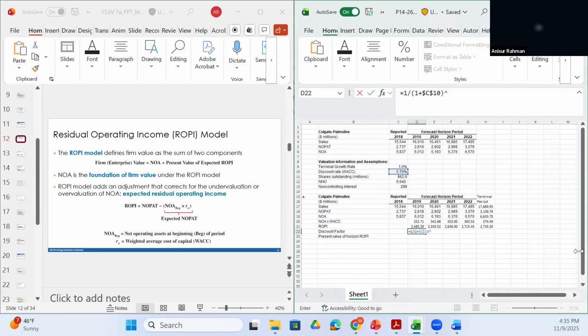Now raised to the power 1, because we have to multiply the discount factor with the corresponding ROPI. This ROPI is happening at the end of the first year, right? So we have to raise it to the power 1.